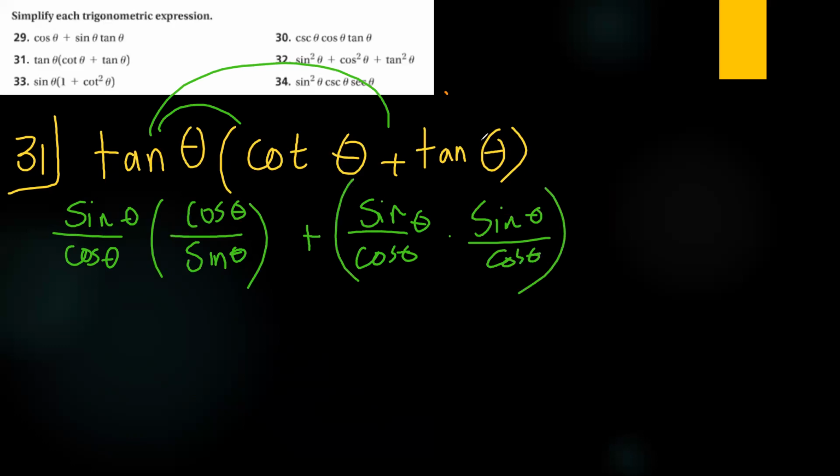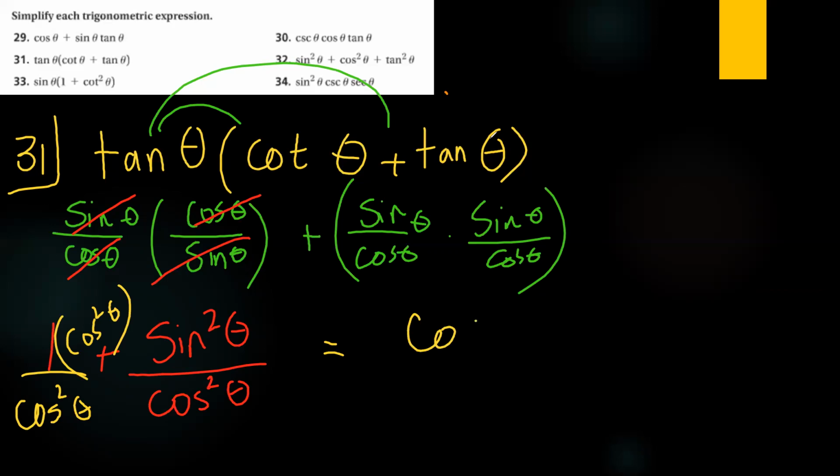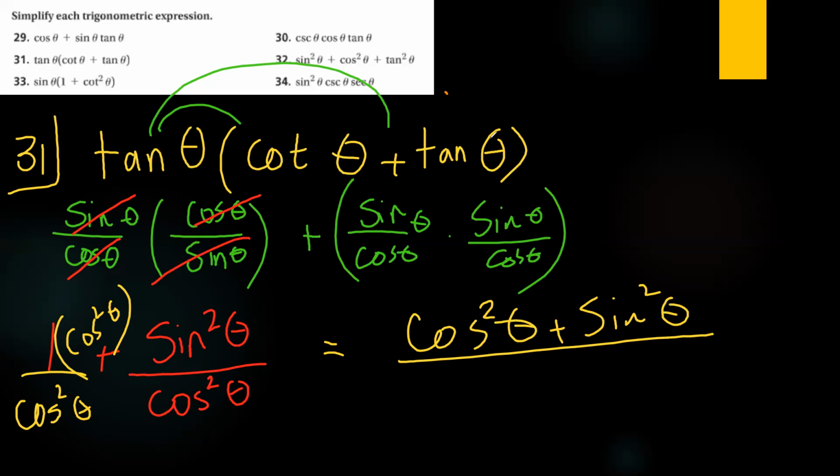Now, cosine cancels cosine, sine cancels sine, so we have 1 plus sine squared over cosine squared. Then we have to make them have the same denominator. So we have cosine squared plus sine squared over cosine squared, in other words, 1 over cosine squared. So we get the same answer, just in another way.